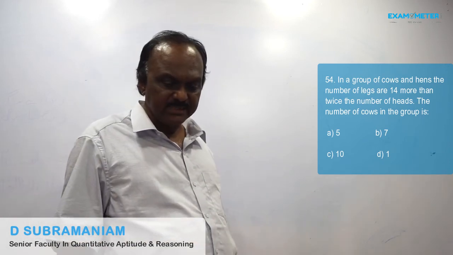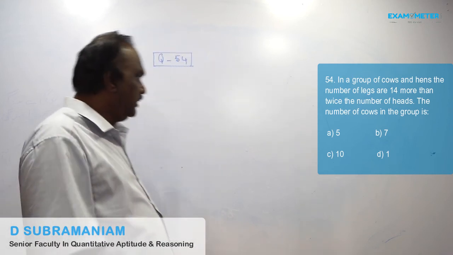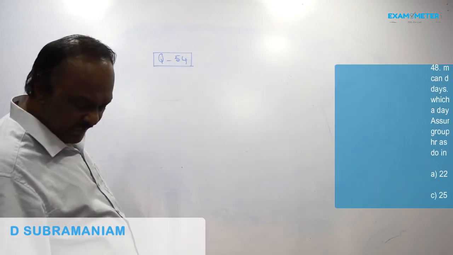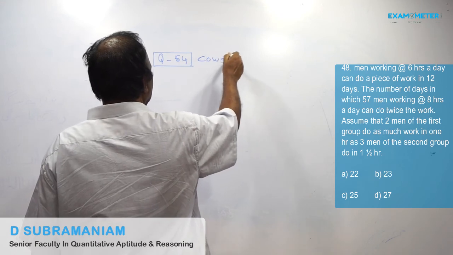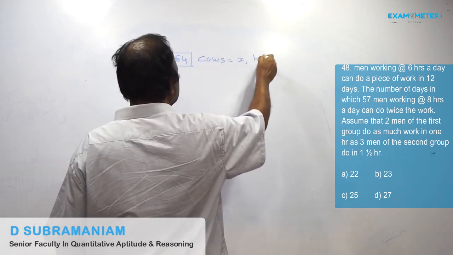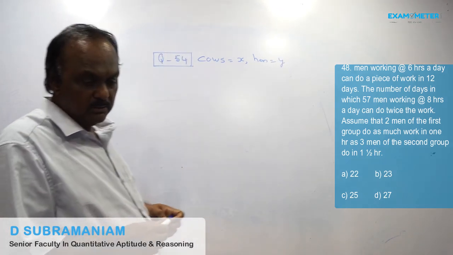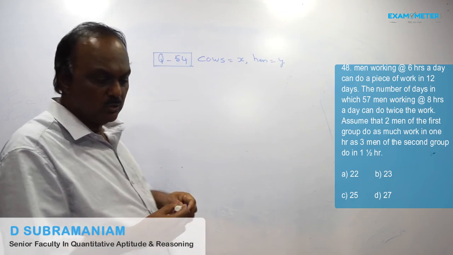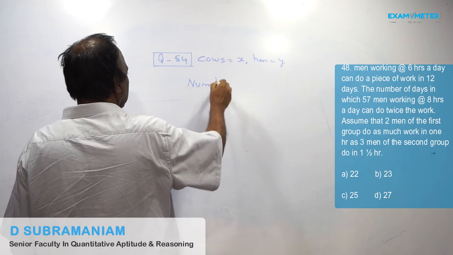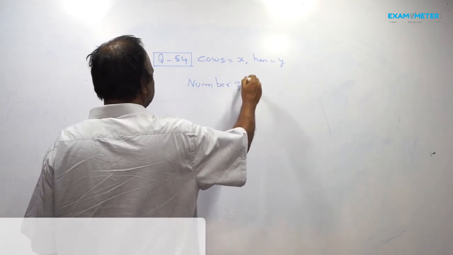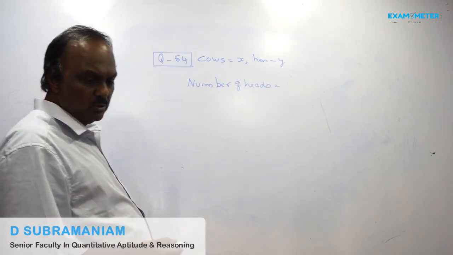Cows you take it as x, hens you take it as y. Number of heads is equal to x plus y.